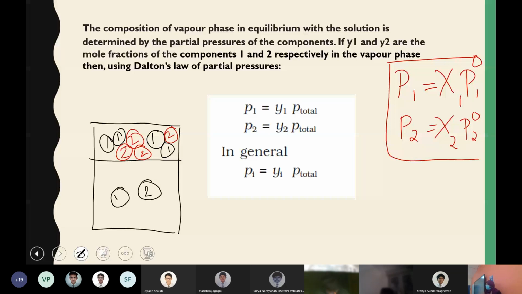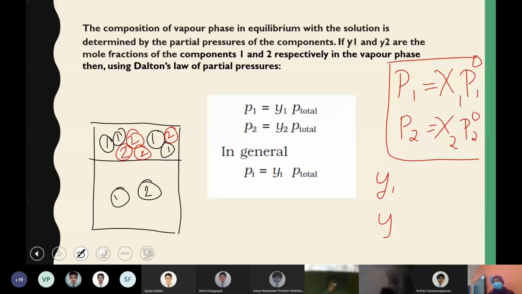Inside that solution, the concentration of component 1 and 2 is expressed in terms of mole fraction, denoted by chi1 and chi2. But when you look into the vapor state, in the vapor state also you have component 1 and 2 and you can express its concentration, right? And concentration can be expressed in terms of mole fraction, represented with the terms Y1 and Y2.